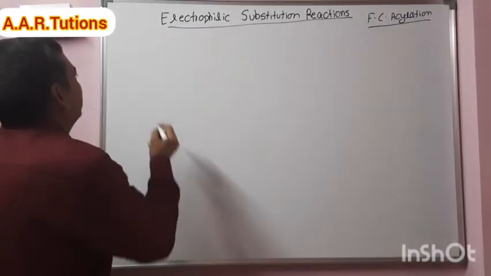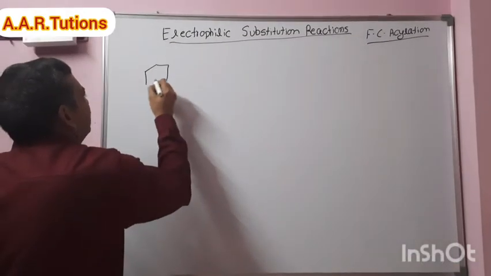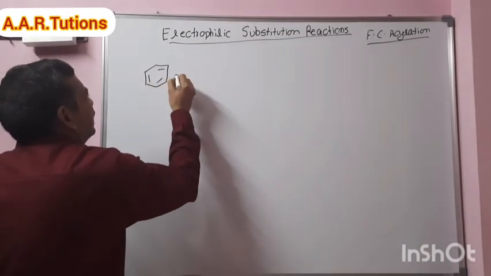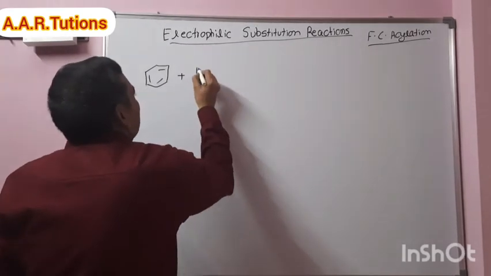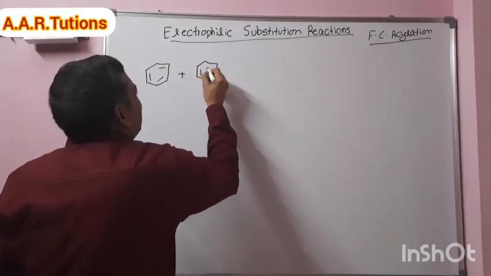Write the product formed when benzene reacts with phthalic anhydride.